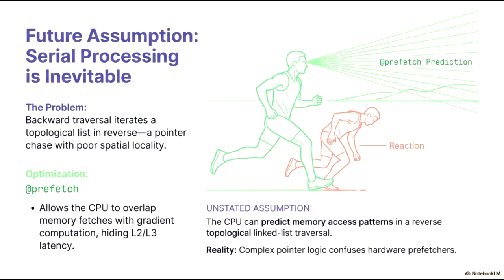The efficacy of this approach relies on the unstated assumption that a CPU can successfully predict memory access patterns during a reverse topological linked list traversal. As shown in the illustration, while we aim for the predictive foresight of the green runner, the reality is often closer to the reactive stance of the red runner. In practice, complex pointer logic confuses hardware prefetchers, preventing them from effectively anticipating the next required data point.